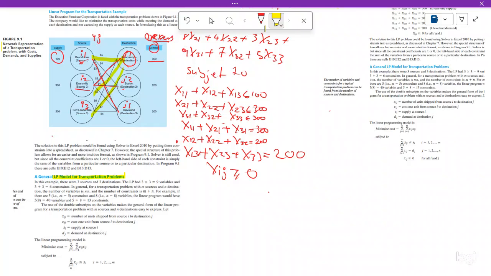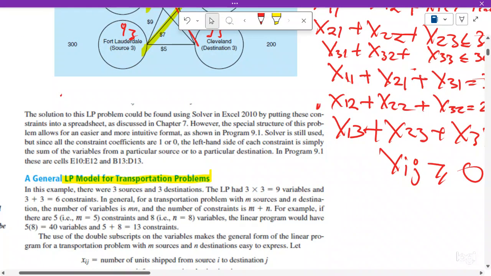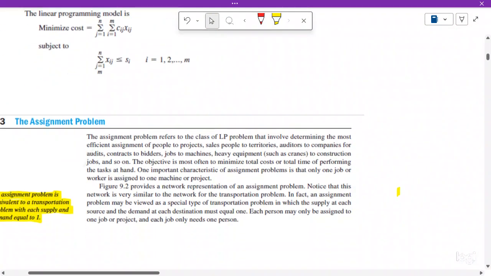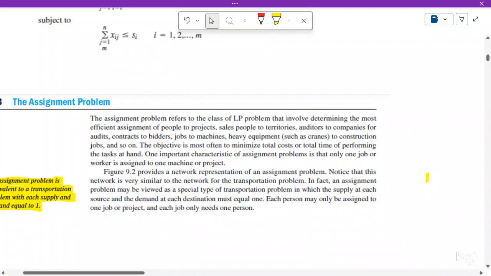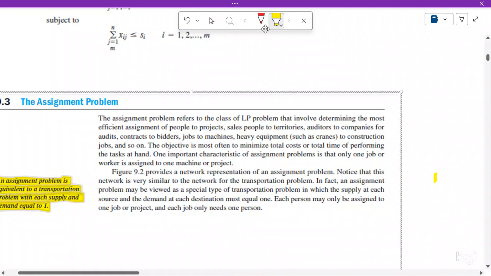In a test, this is what I mostly teach and what I ask: use the LP model for the transportation problem, or use the LP problem for assigning. For the assignment, they say the assignment problem refers to the class of LP.